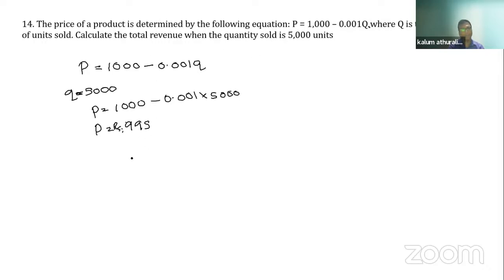How to find revenue? Price into quantity. Q is 5,000 and price is 995.